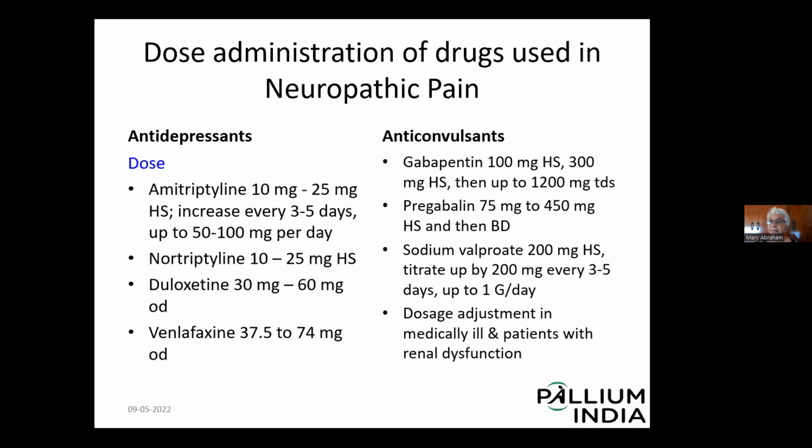Anticonvulsants, again, gabapentin, you can start with 100 mg or 300 mg at night, and you can step it up to 1200 mg TDS, 3 times a day. Pregabalin, again, start with 75 mg, you can go up to 450 mg. Remember, all the doses should be adjusted in medically ill patients and patients with renal or hepatic dysfunction.